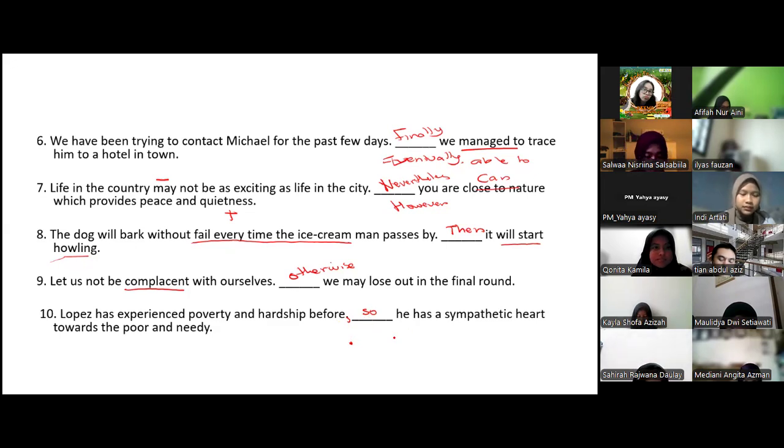So Elizabeth, therefore, okay. Therefore, he has a sympathetic heart towards the poor and needy.